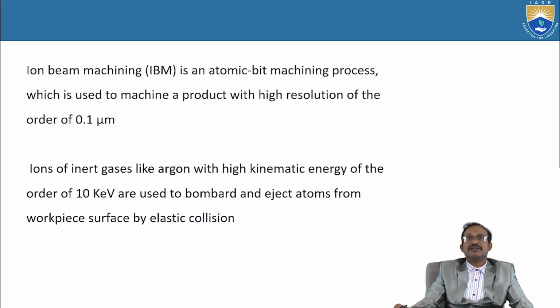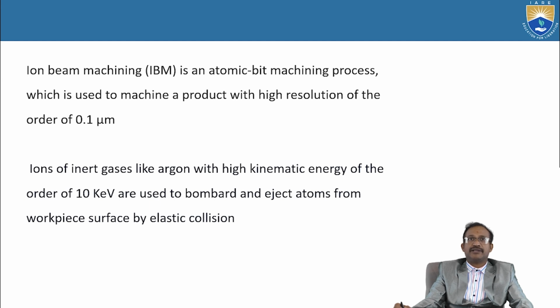Ion beam machining is an atomic bit machining process which is used to machine a product with high resolution of the order of 0.1 microns. See how accurate it is.